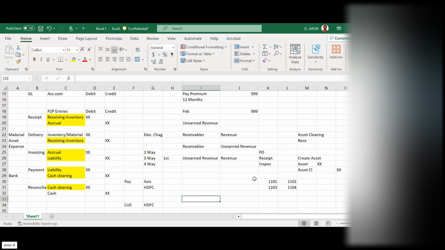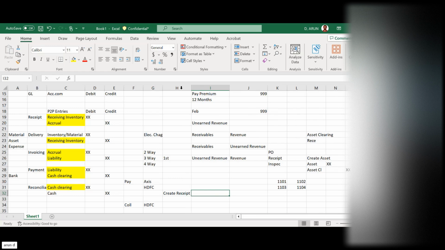So let's assume that we are doing a check transaction. When I create the receipt, I will have my cash account debited and my unapplied receipt on the credit side.